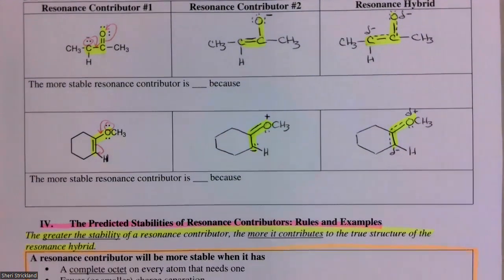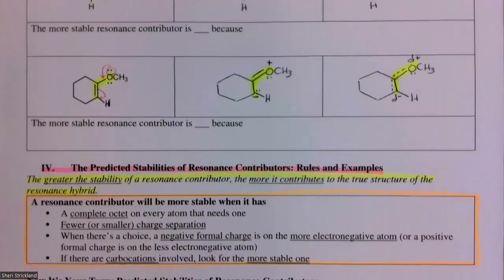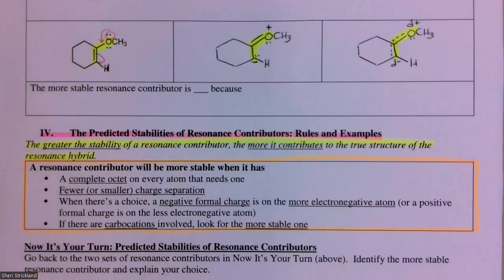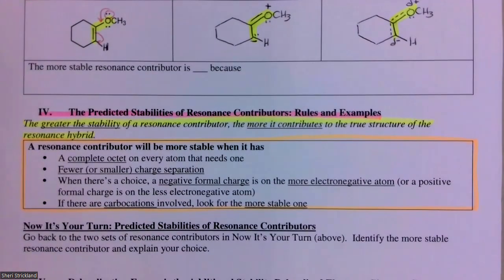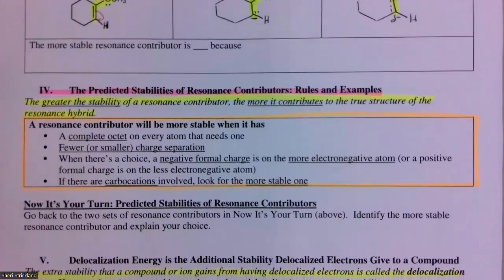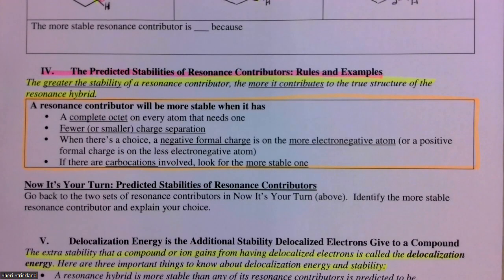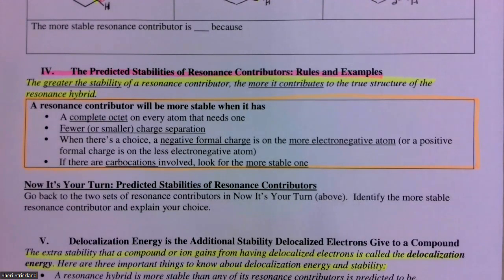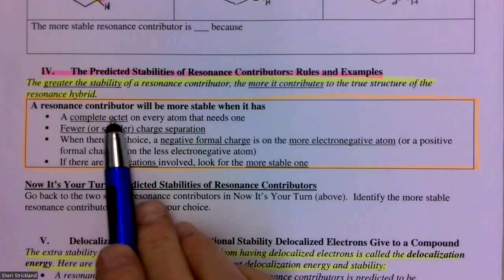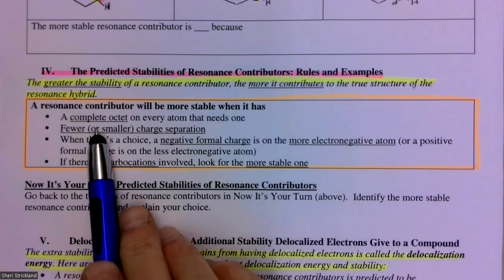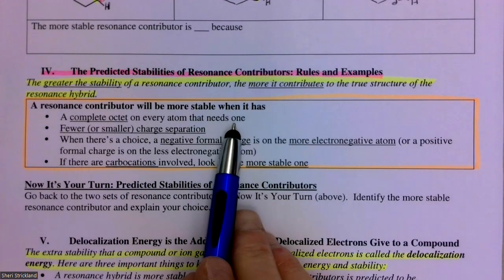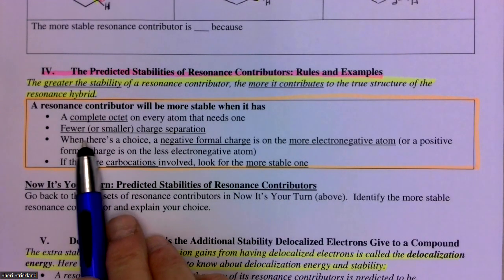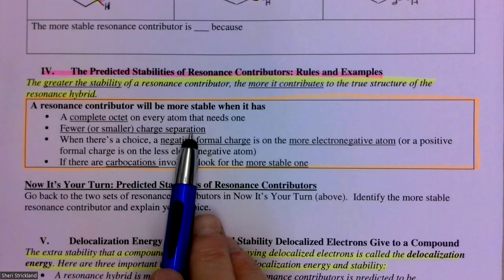All right, so let's take a look at how you assess relative stabilities, because the more stable a resonance contributor is, the more it contributes to the real structure of the compound. So here are some criteria that I go through, and I would do them in order. A resonance contributor will be more stable when it has a complete octet on every atom that needs one, fewer or smaller charge separation.